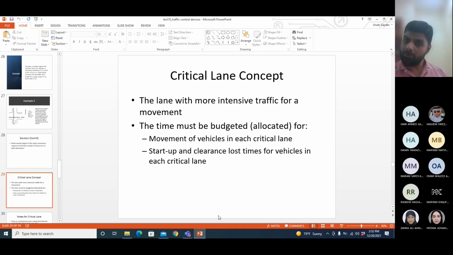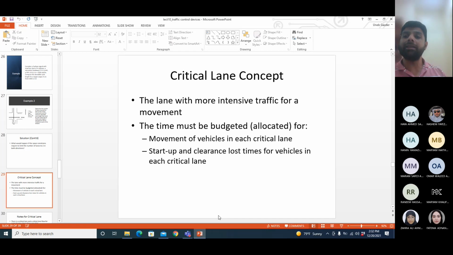But on highways, you will find many times that there are multiple lanes and the movements of these lanes are different. One lane is for left turning, another for right turning, and one for straight movement as well. The left turning movement will not be the same as the straight movement, and the straight movement will not be the same as the right turning movement.